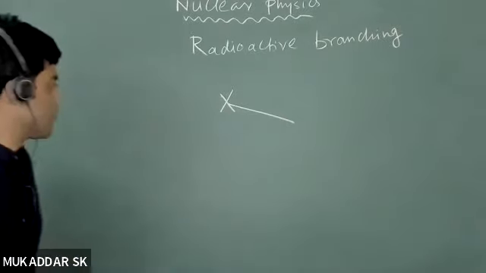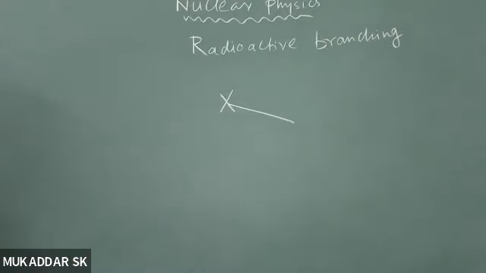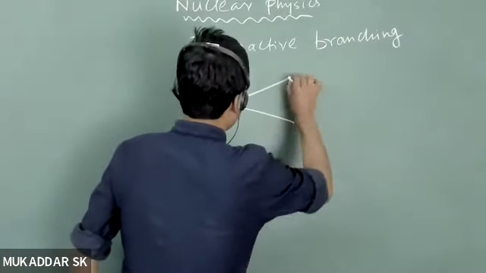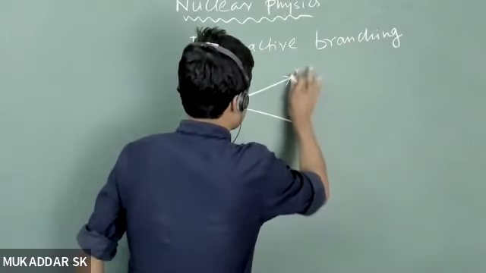But some radioactive parent nuclei can decay to Y, or it can decay to Z also.